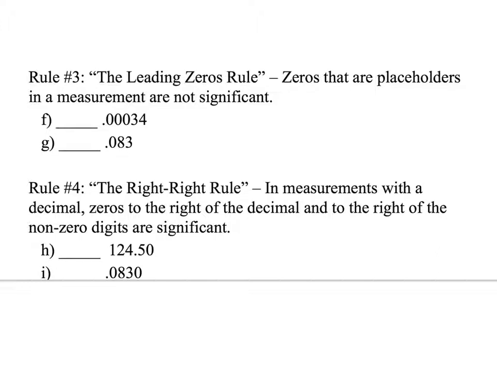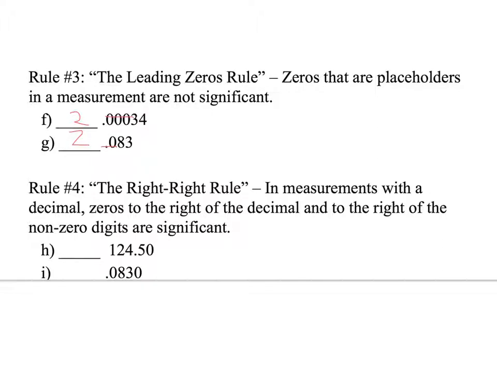So here, these zeros are not significant. The only significant digits are the 2 trailing numbers. So there's 2 significant digits. In F, this leading zero is not significant. So there are, again, 2 significant digits.